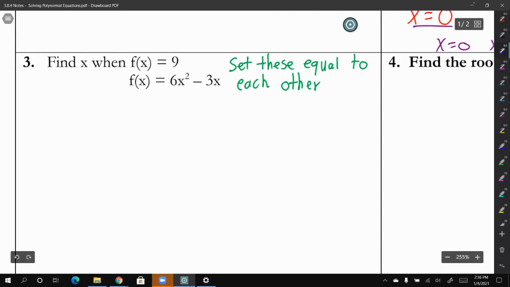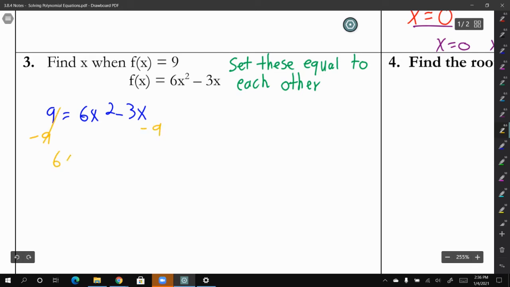And we'll do 9 equals 6x squared minus 3x. So we need to move everything to one side of the equation. So we'll subtract 9 from both sides.